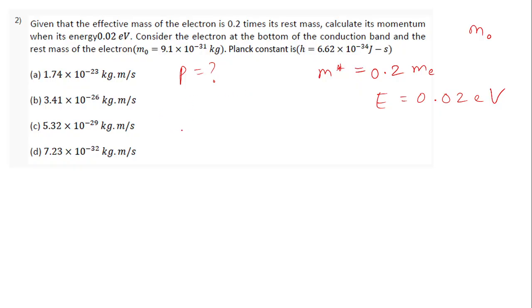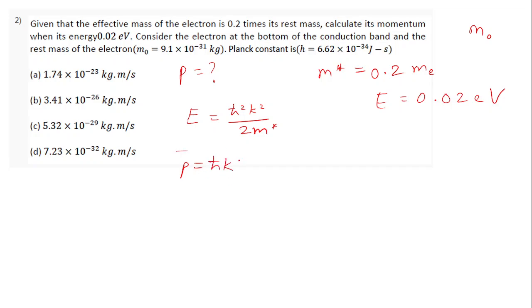So at the bottom of conduction band, electron is considered free. And for free electron, the energy expression is h bar square k square divided by 2m, and here the m star. Now also there is another relation, P is equal to h bar k.